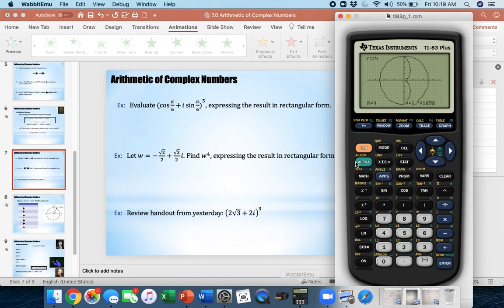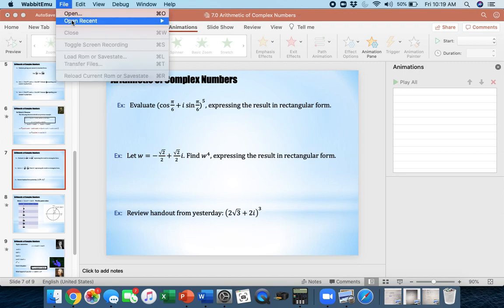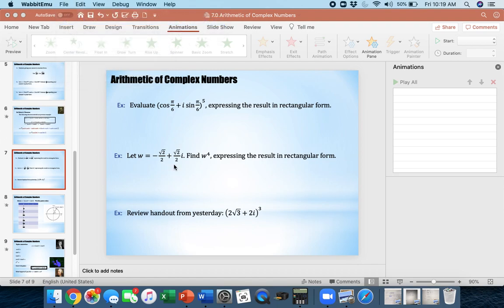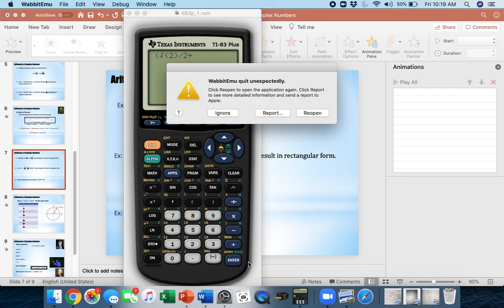Let's look at your calculator, and let's type that in. Square root of 2 divided by 2 plus, oh sorry, that's a negative, isn't it?